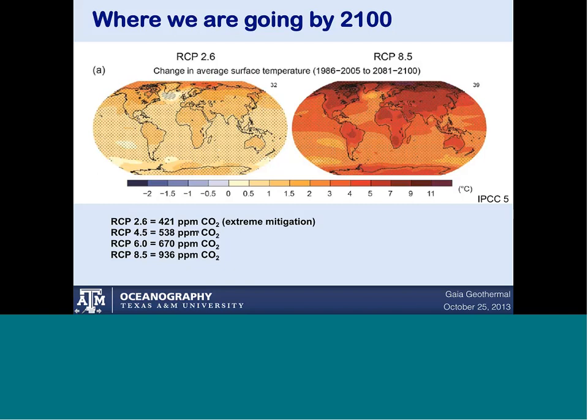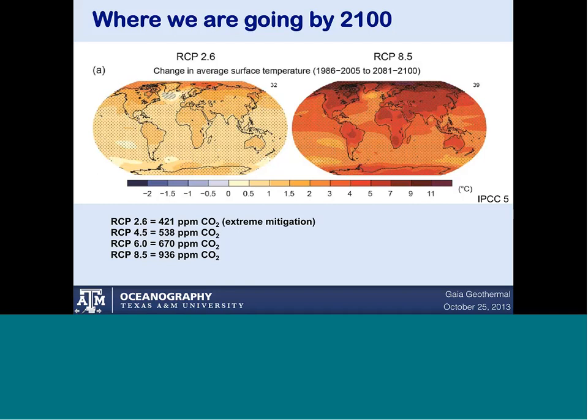The more likely case is that we're going to be somewhere in the range of 538 to 670 by the end of the century. And then the worst case scenario would be business as usual, we do nothing beyond what we're doing today, and we end up at this really high rate of 946 ppm. So either way, even the extreme mitigation case, this is the warming achieved by 2100.